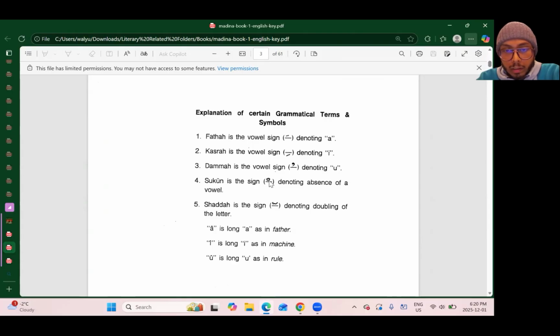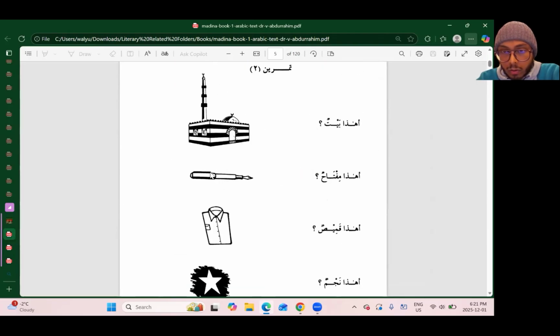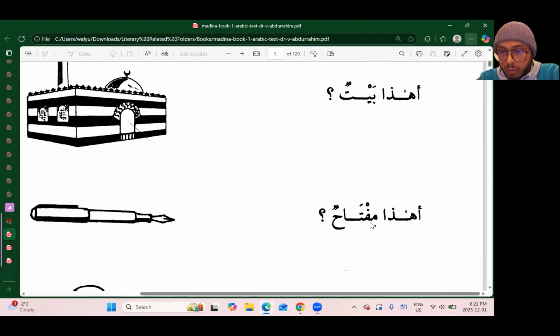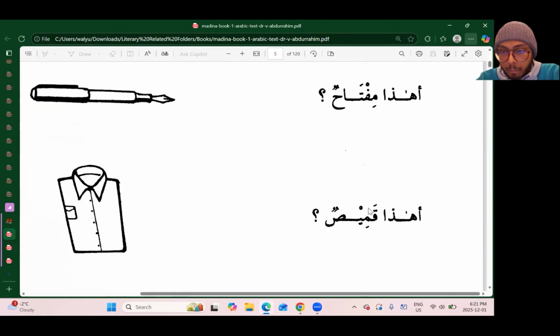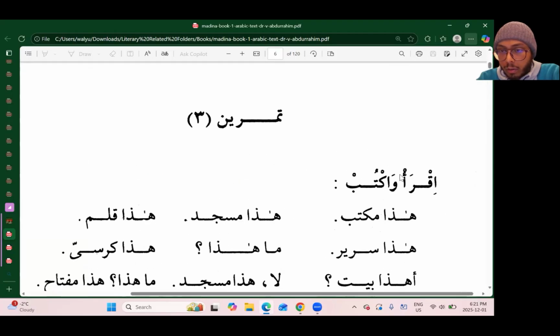Sukoon is like a circle. It comes on the top of the letter, and it's the absence of a vowel, right? You saw it over here. Well, I mean, you can have it on a ya, for example, or on a fa. But more noteworthy is at the end of a letter, right? Iqra waktub.